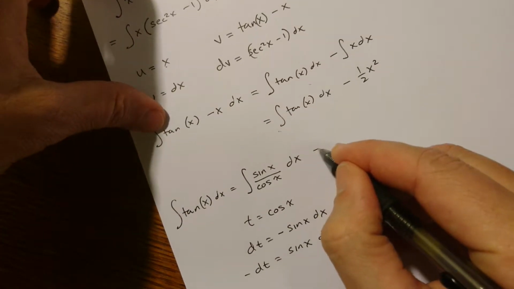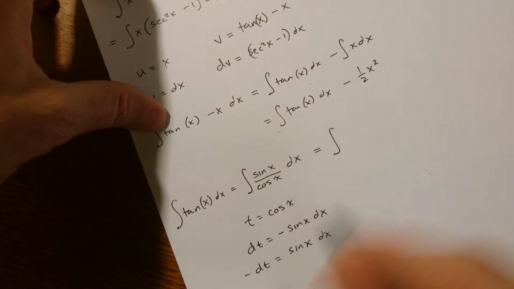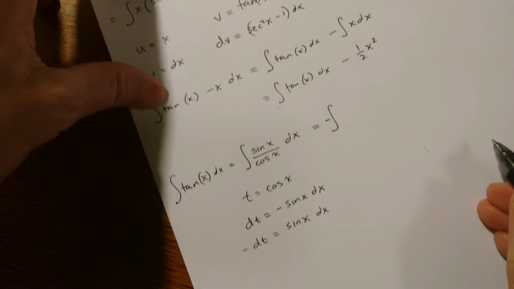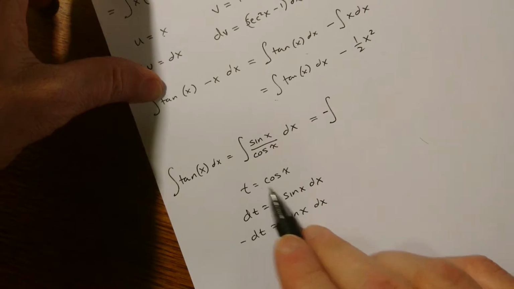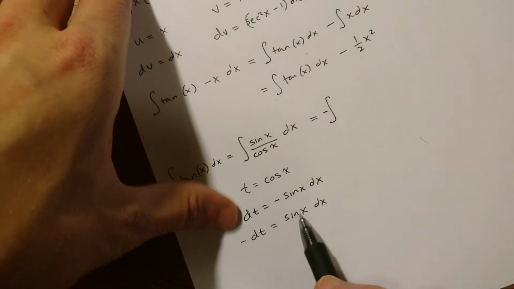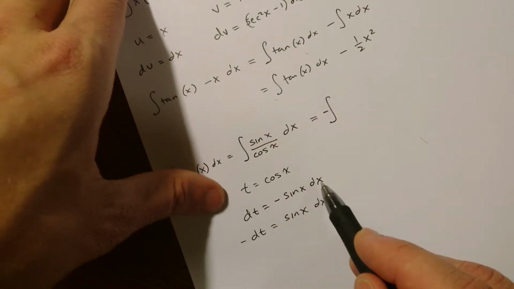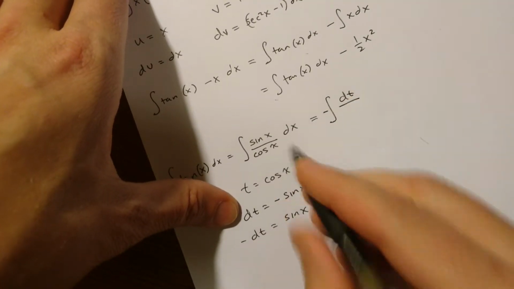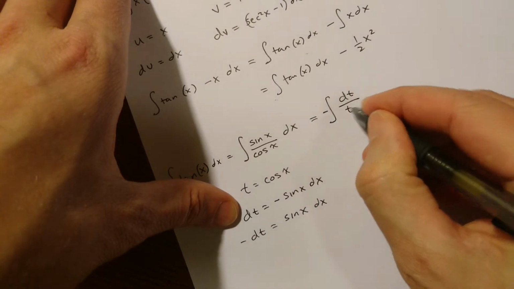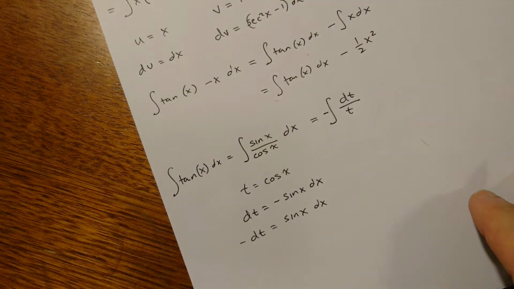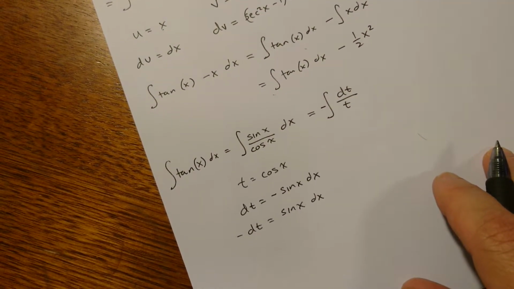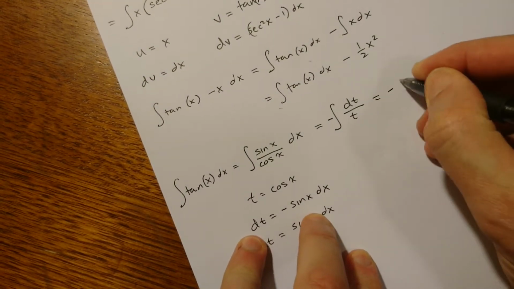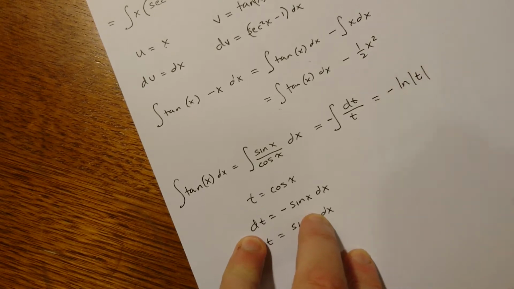So then this integral becomes, we pick up a negative that I'll put out front. We've got sine x dx is our dt, and we've got cosine x is t. So negative the antiderivative of dt over t, or 1 over t dt, which gives us negative natural log of the absolute value of t.